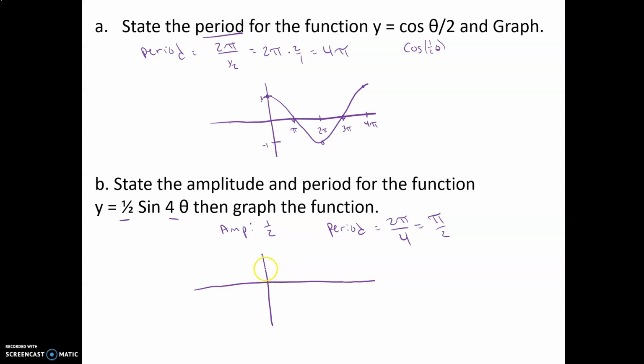And again, pi over 2 is my period. Half of that would be pi over 4. Half of that would be pi over 8. So notice the pattern. Pi over 8, 2 pi over 8, 3 pi over 8, 4 pi over 8. So you kind of have to see how to divvy it up.